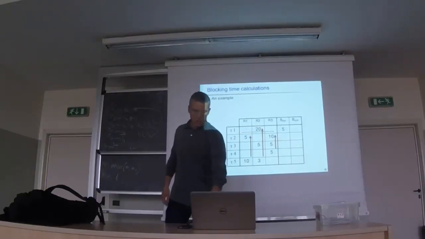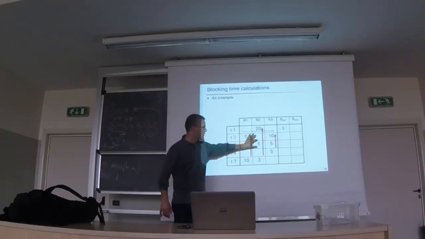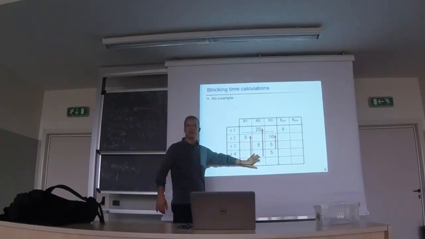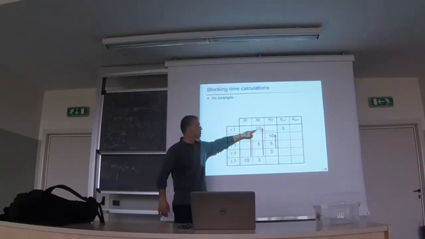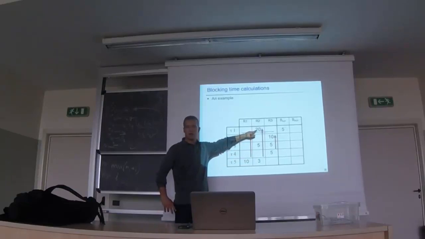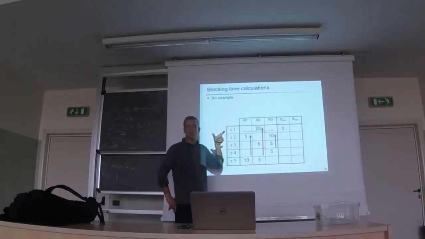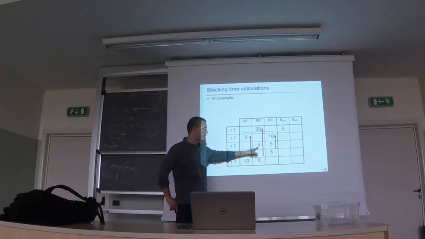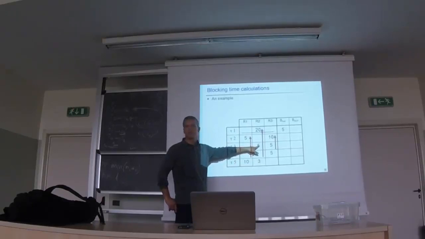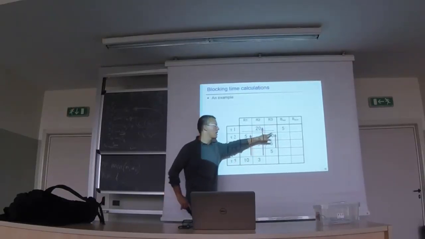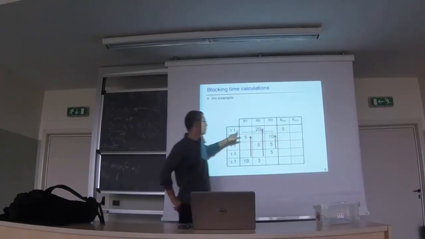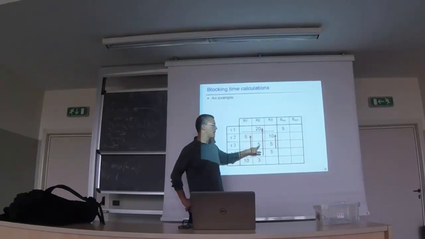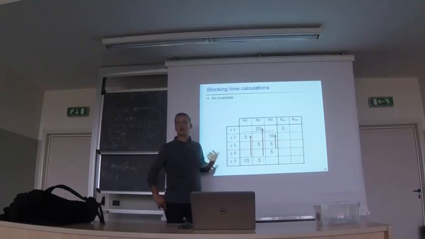For how long? For the larger between 5 and 3. I can be blocked only once on R2. What is the worst case blocking? 3 or 5? Well, 5 is the worst case. The largest blocking I can experience with PIP for task 1 is 5. Is it a direct blocking or a push-through blocking?